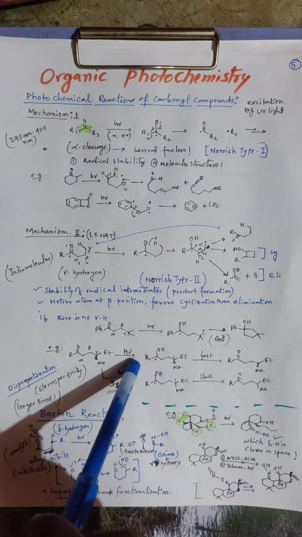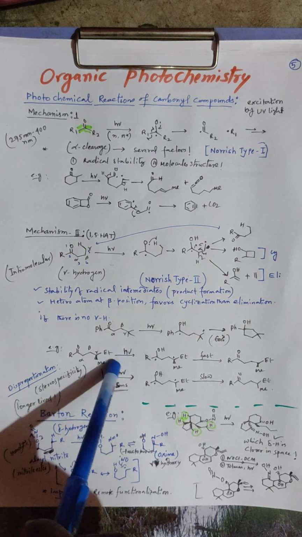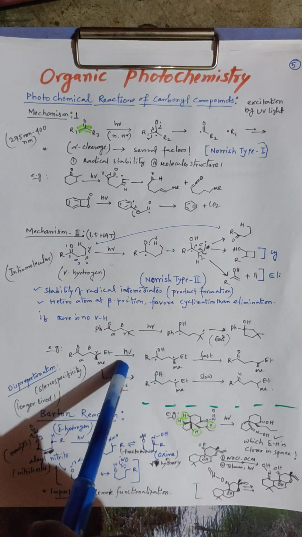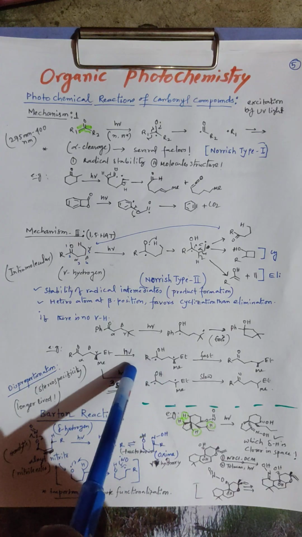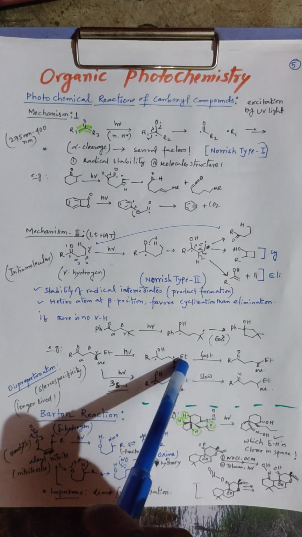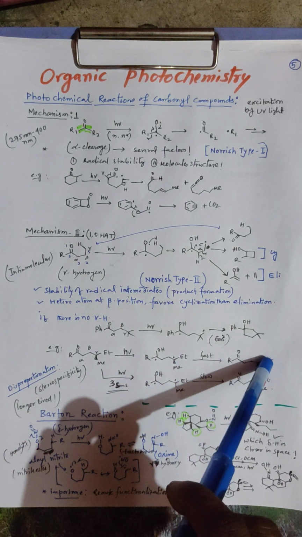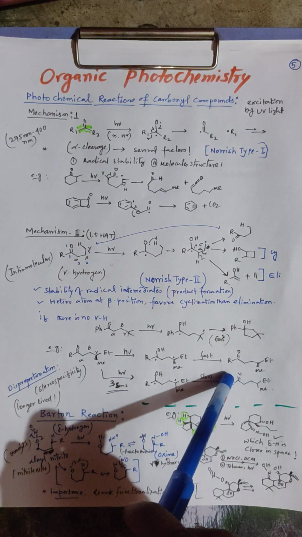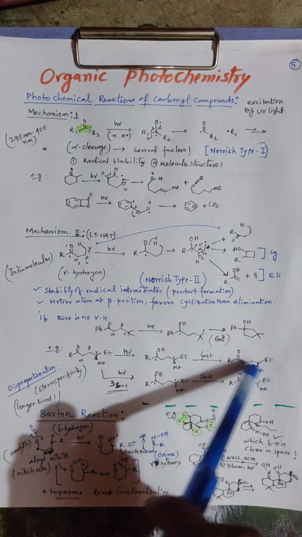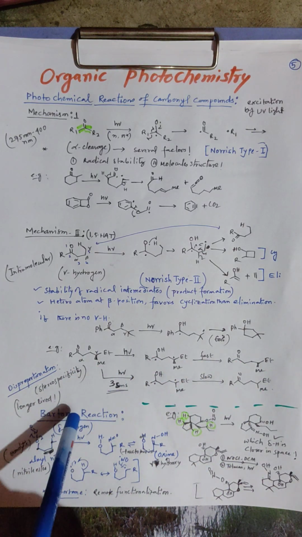One more interesting thing observed is when the gamma position is chiral. When direct irradiation happens, the reaction goes very fast through the singlet state, so it relaxes so quickly that the stereochemistry is retained. That was stereospecific.